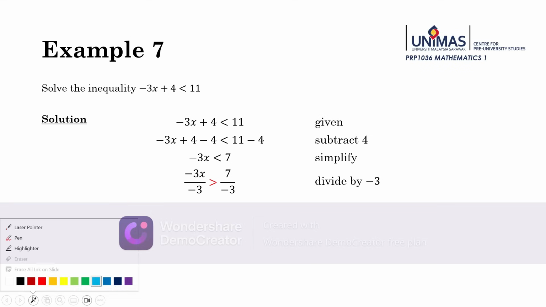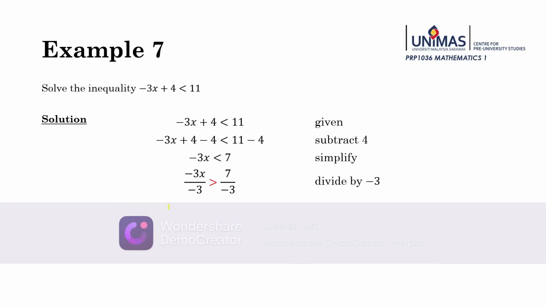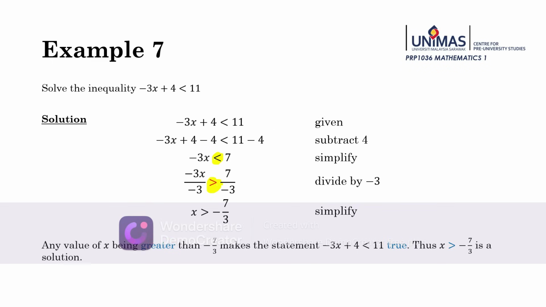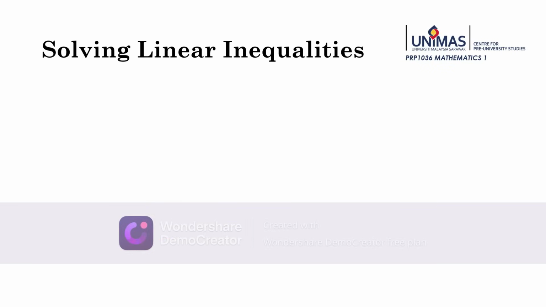The sign is changing. Highlight here, this one. You see? Then you simplify. Any value greater than negative 7 over 3 makes the inequality statement true. Therefore, this is the solution.